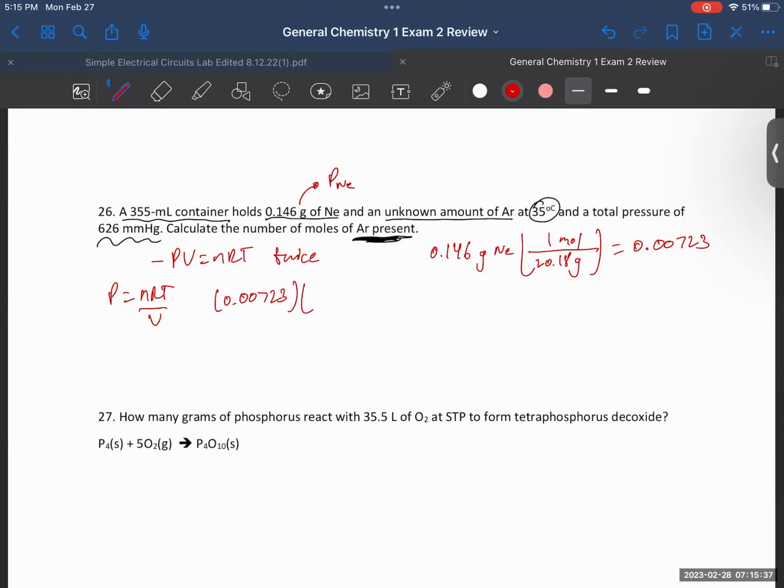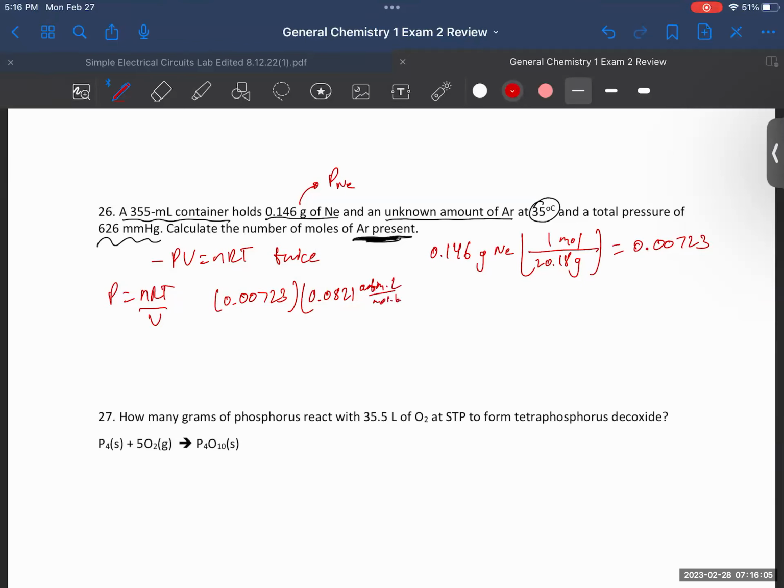Then R, what's R again? 0.0821. Now what are the units? That's pressure, yeah. There are like 4 units put together: liters times atmospheres over moles times Kelvin. Yeah, atmospheres, liters over moles Kelvin.